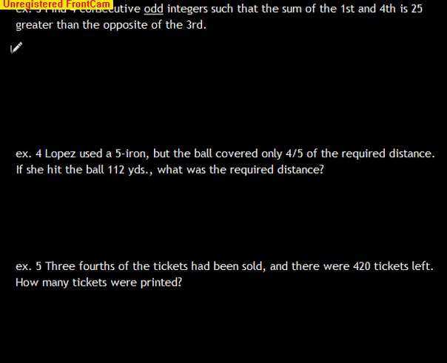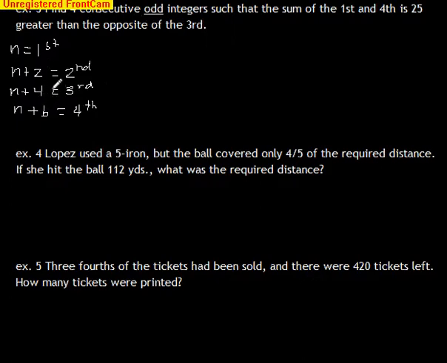We're going to have n equals the first, n plus 2 equals the second, n plus 4 equals the third, n plus 6 equals the fourth. Even though it's odd, we add 2 to get to the next odd number.